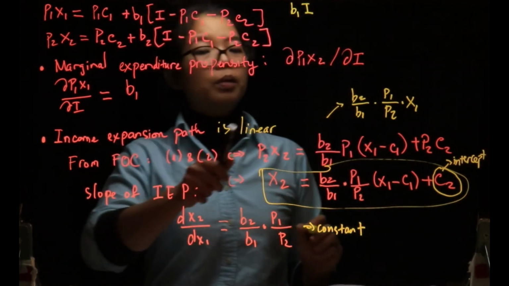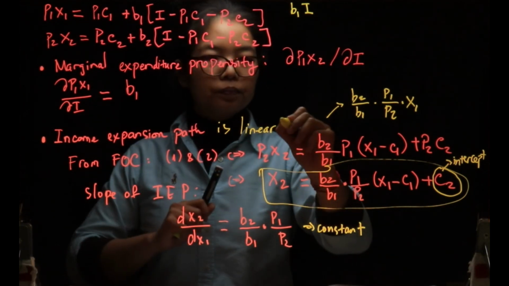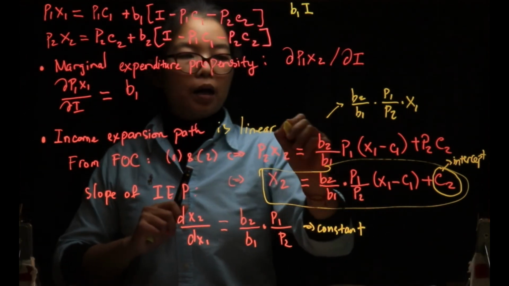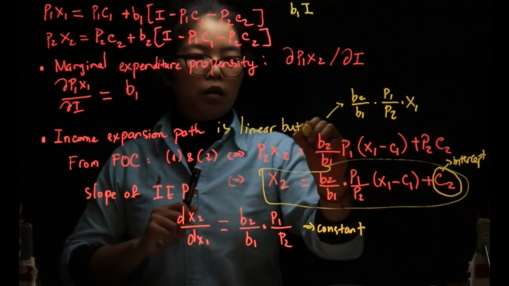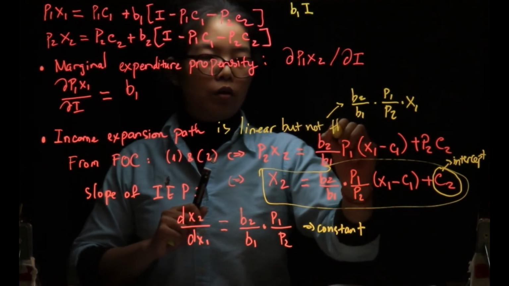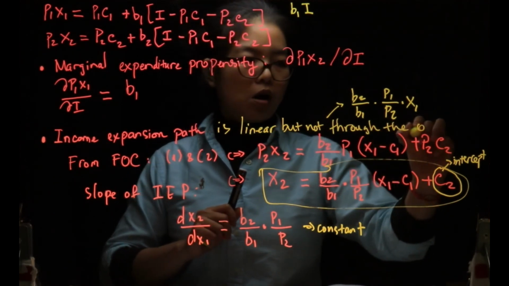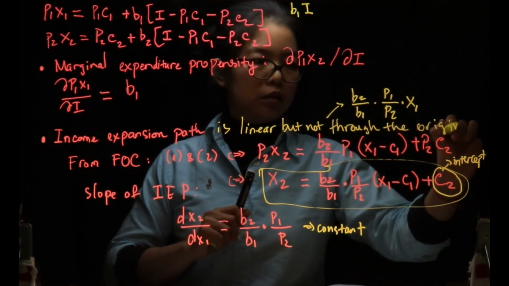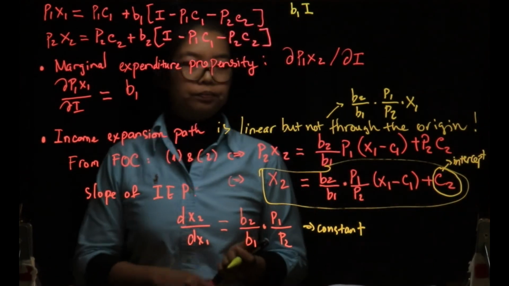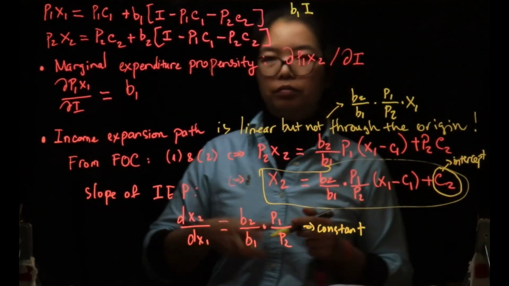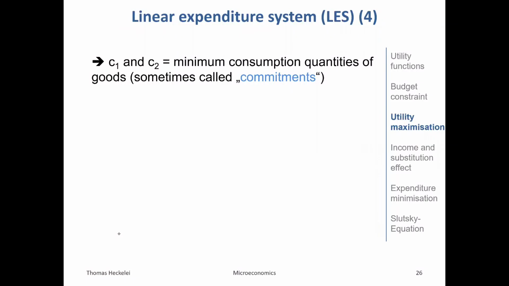So the income expansion path is linear, but not through the origin, right? Because the intercept is different from zero. We made it. Now only a few points left for the linear expenditure system that we should keep in mind.